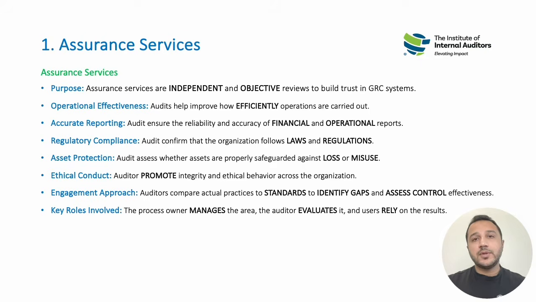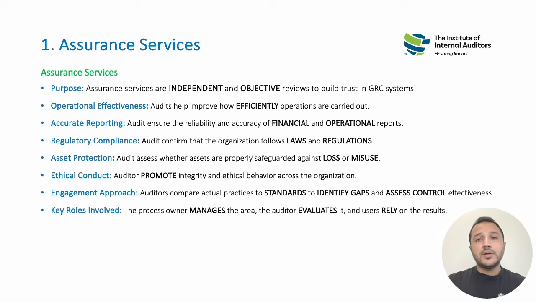One of the key elements of the internal audit activities is also to ensure the reliability and accuracy of the data which flow within the organization, be it in the form of performance evaluation or reporting to the different stakeholders. These reports or this data which flow within the organization could be of financial or operational nature.